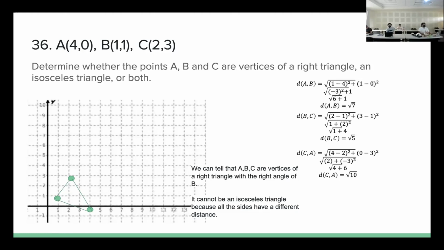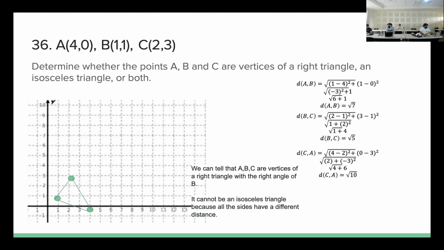I think it was the square root of parentheses x2 minus x1 parentheses close, squared, plus parentheses y2 minus y1 close parentheses, squared. Here it's represented like 1 minus negative 4, so it's minus, and then 4 squared plus 1 minus 0.